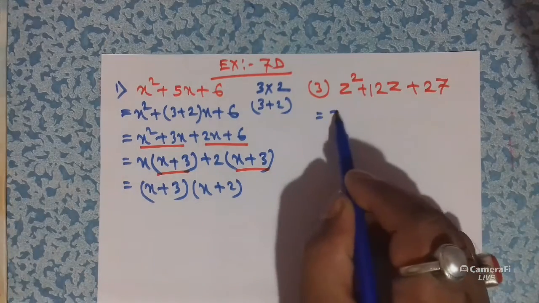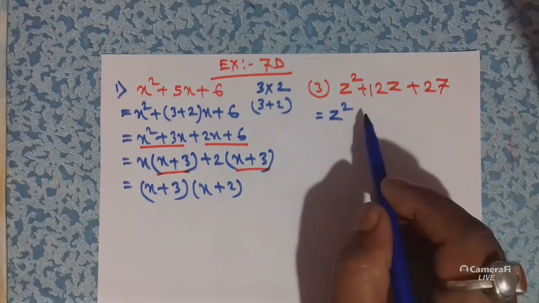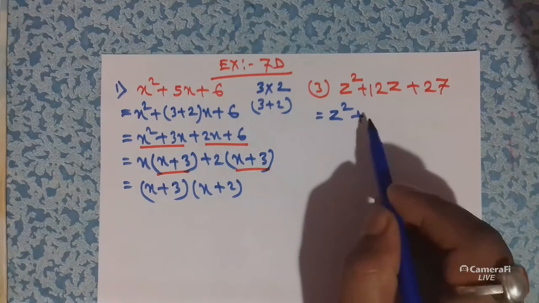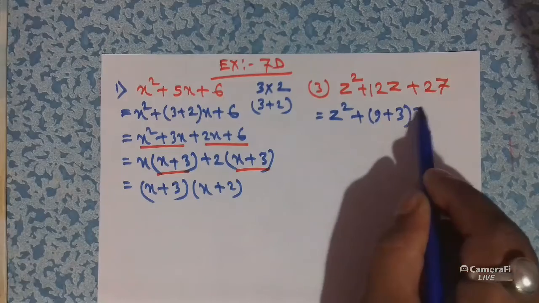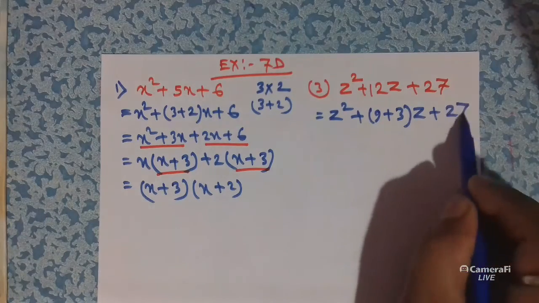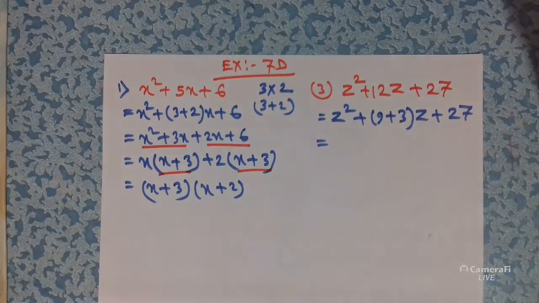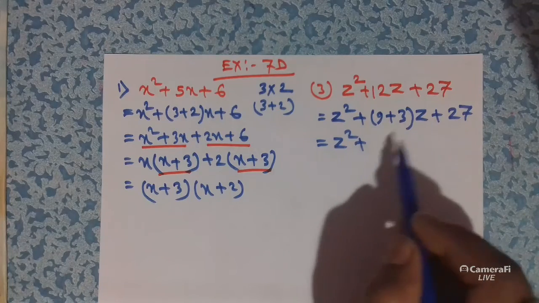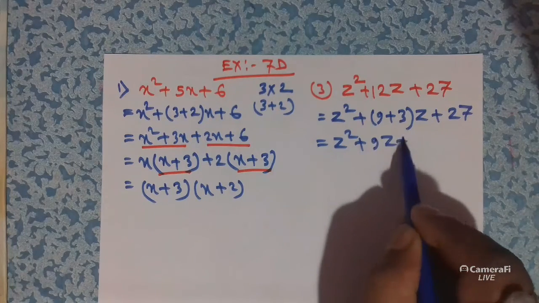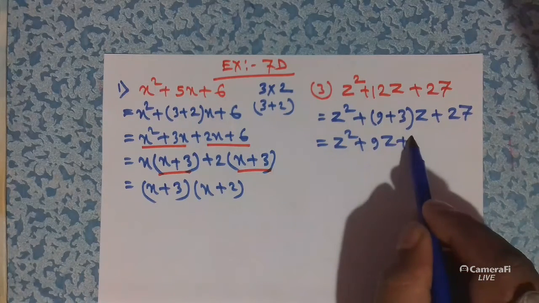So here we can take z square plus (9 plus 3)z plus 27. Now remove this bracket: z square plus 9z plus 3z plus 27.